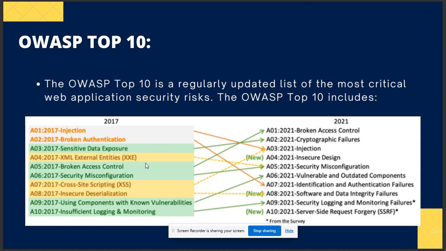Fourth one is XXE, XML external entity. These vulnerabilities arise when an application processes XML input with a reference to an external entity. Attackers can exploit this to disclose internal files or execute remote code. Fifth one is broken access control.